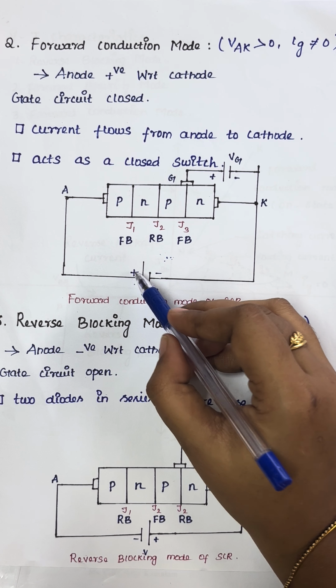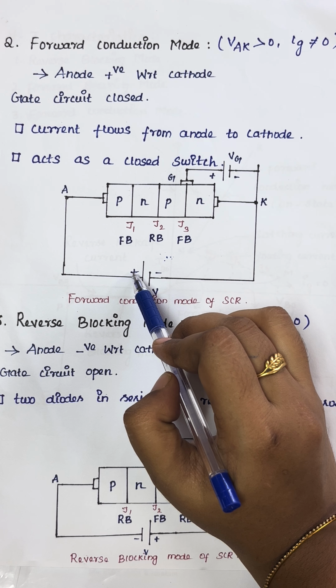The anode is connected to the P layer. The majority carrier in the P layer is the hole, the positive carrier, and the electrons are the majority carrier in the N layer. The positive terminal is here, so like charges repel each other.